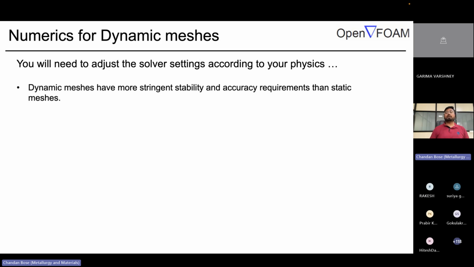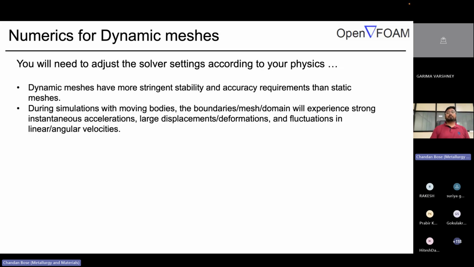When you do a simulation over a static mesh, your cell volumes are not changing, but particularly if you do mesh morphing, the cells get deformed and the volumes are changing. You have large displacement or deformation, and fluctuations in linear and angular velocity. You may have strong instantaneous acceleration. So to adjust to that, we need to change the solver settings accordingly to get a robust and accurate solution.